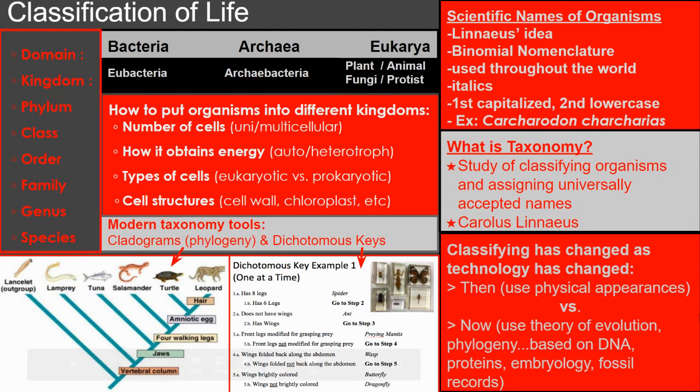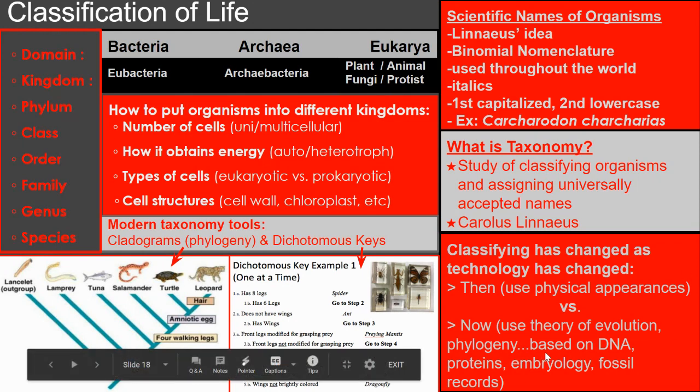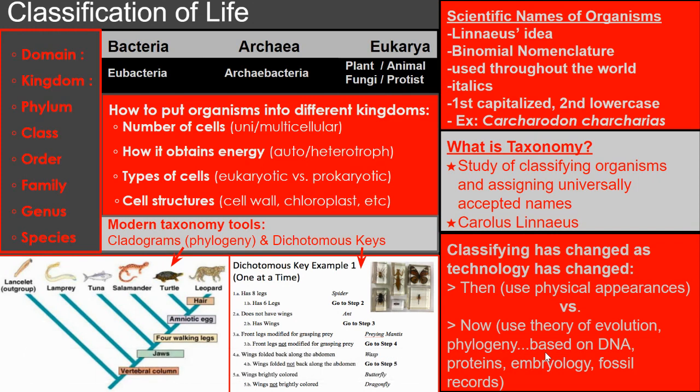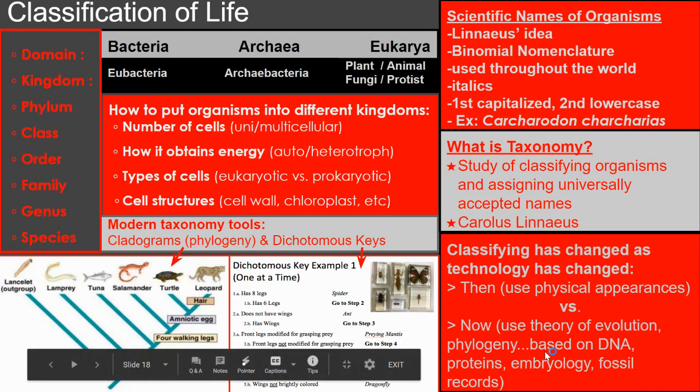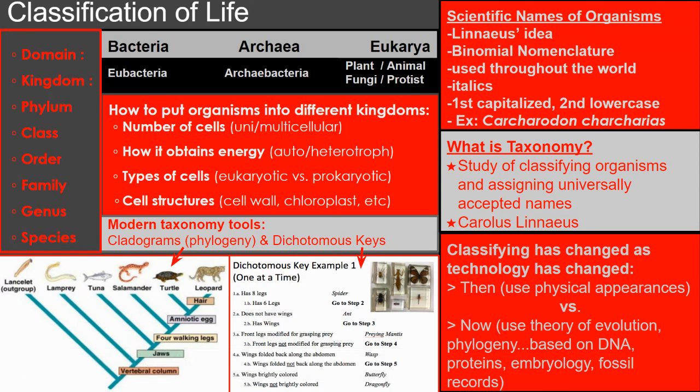So, putting that stuff together, theory of evolution, we typically will look at how things are related to each other genetically and sort them into different categories together. Embryology means looking at how they develop, from the time the egg is fertilized to when it becomes a mature organism.